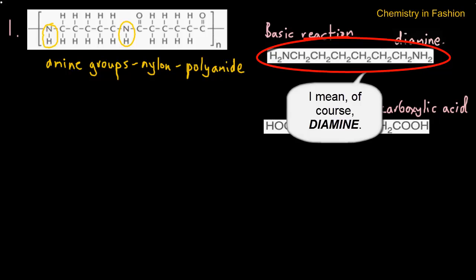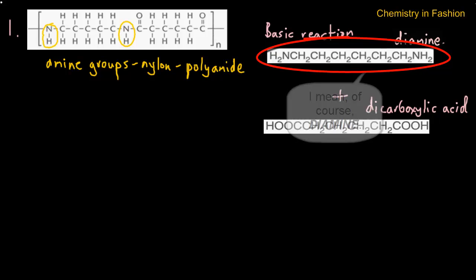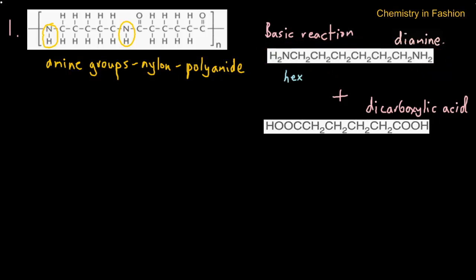For 6 we use hexa meaning 6, and it's methyl group, so it's hexamethylene. Now I said diamide.